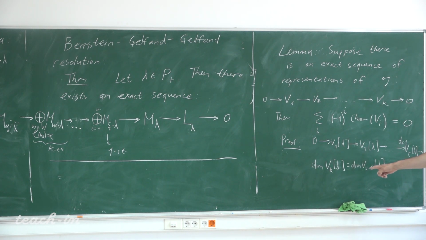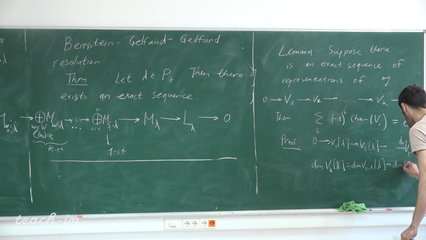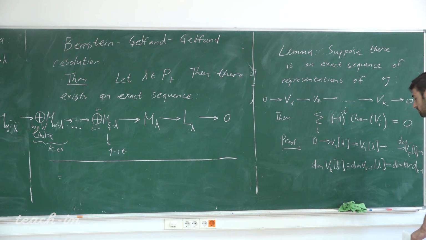So this is the dimension of the kernel of d(k minus 1). But the kernel of d(k minus 1) is the image of d(k minus 2), right?